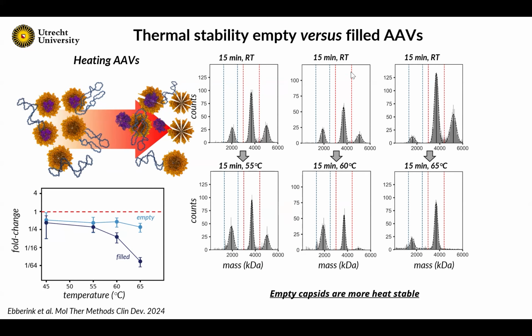But if we incubate at 60 degrees, now we see that our filled particles are decreasing, while our empty particles stay stable. And at 65 degrees, this is even more clear. The filled particles are completely gone, while the empty particles are much more stable and remain within the sample.